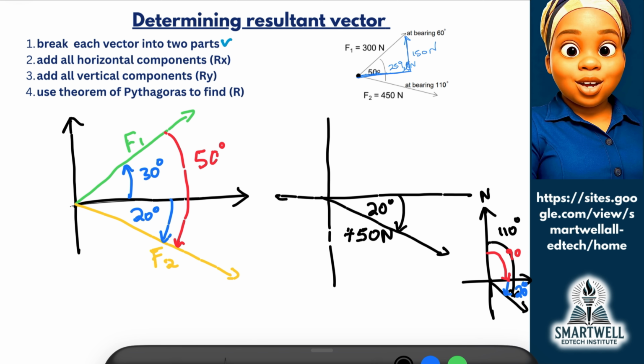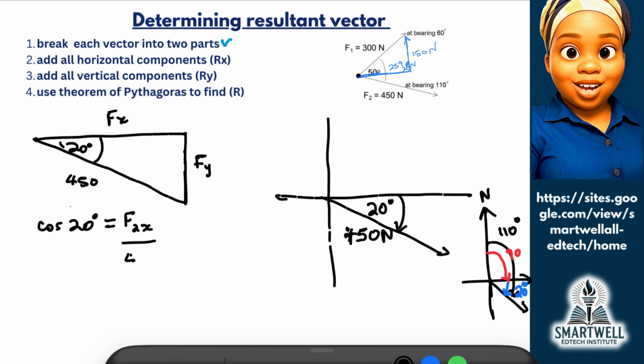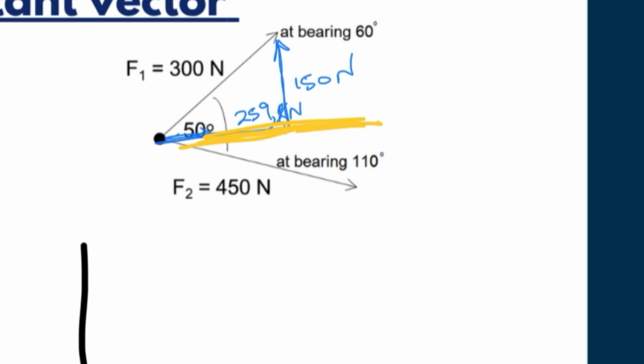We begin with the horizontal component, which is the adjacent side of the triangle. Cosine 20 degrees is equal to F2x divided by 450. Making F2x the subject of the formula, we get F2x is equal to 450 multiplied by cosine 20 degrees. That gives me 422.86 newtons.